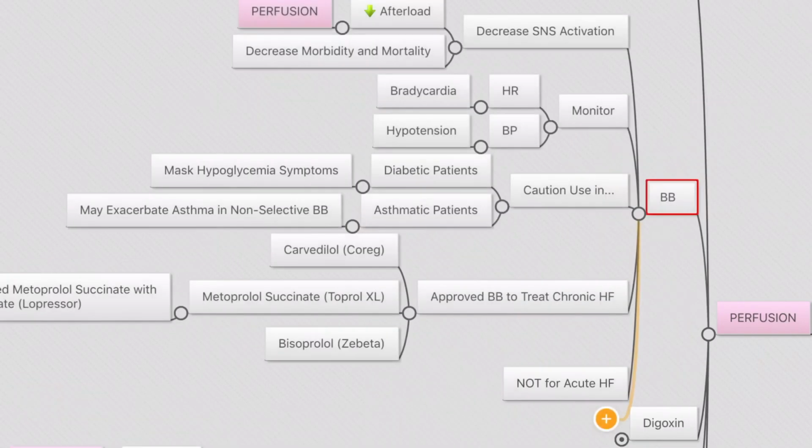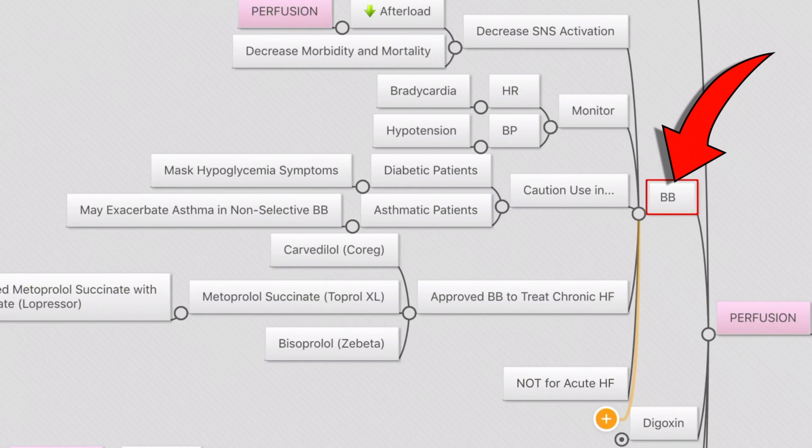Now, we're going to move on to beta blockers. Beta blockers help with perfusion by decreasing the sympathetic nervous system activation, and that's going to help with decrease in afterload. Again, beta blockers help with morbidity and mortality. You're going to monitor heart rate and blood pressure because beta blockers can drop the heart rate and drop the blood pressure.